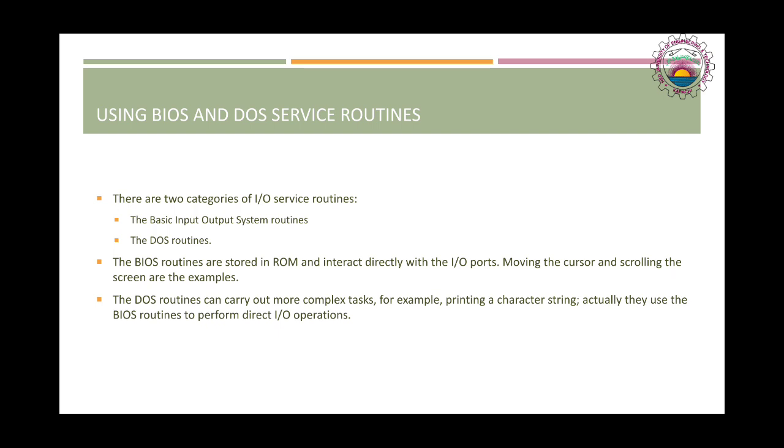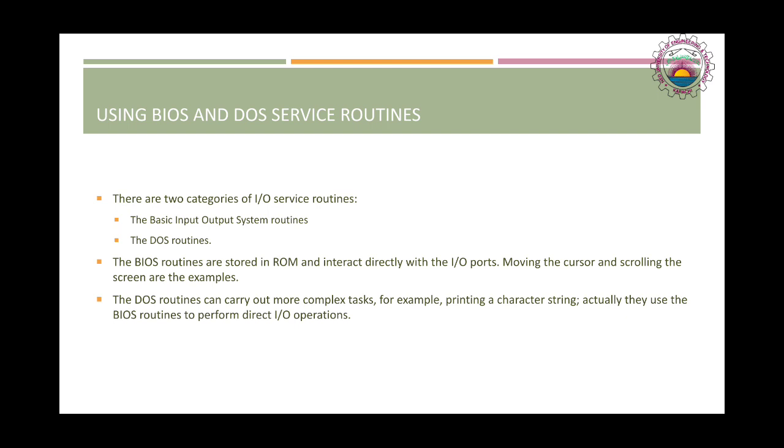One category is the BIOS service routines, and the second category is the DOS service routines. BIOS service routines are stored in ROM, and they interact directly with the IO ports present in the computer. Some examples are moving the cursor or scrolling the screen.